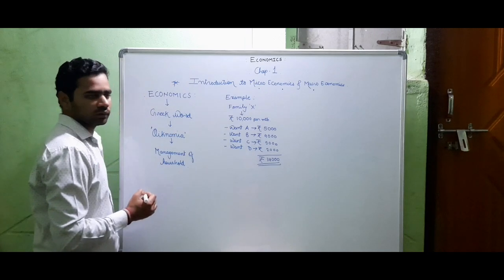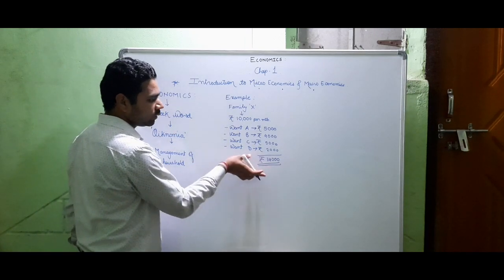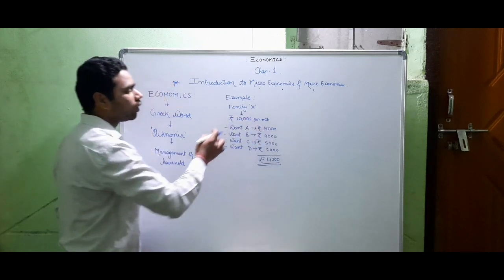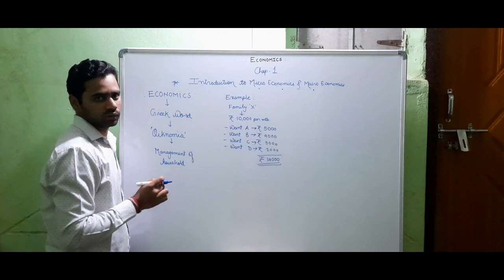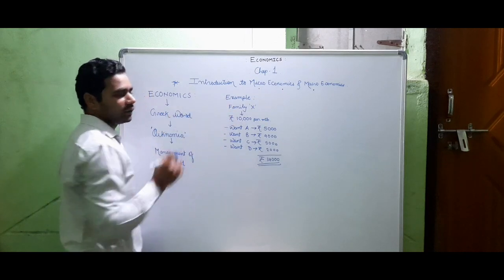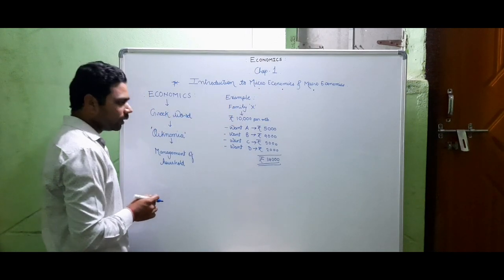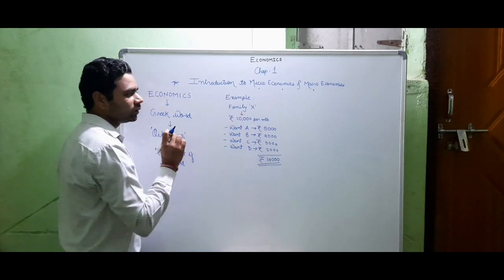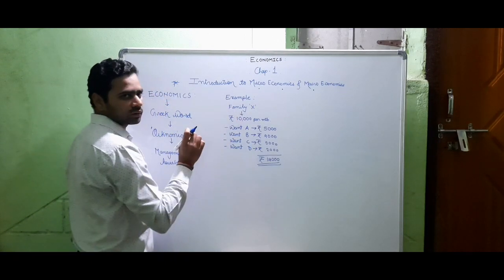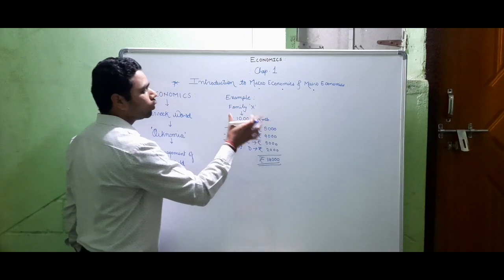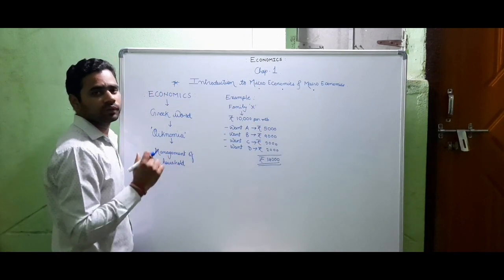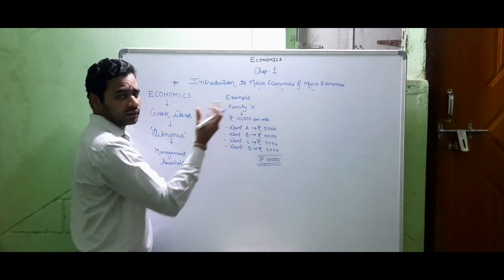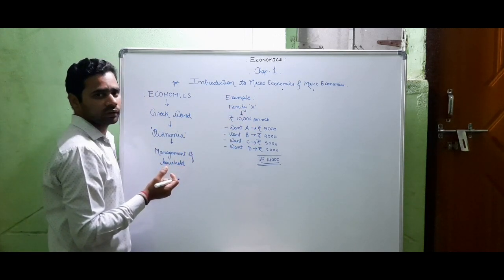Okay, so in all we will require 14,000 to satisfy all these different types of wants of family X. But here the problem is that they are having only rupees 10,000 with them. Okay, so they are having limited 10,000 rupees with them.